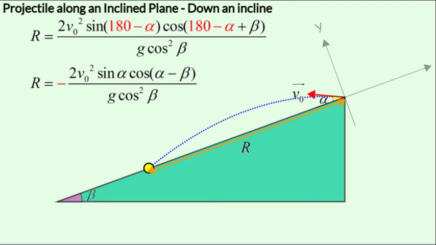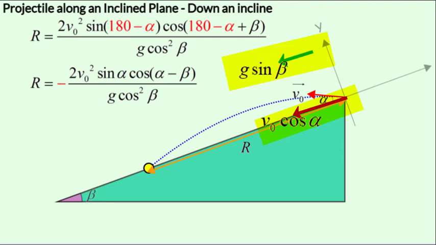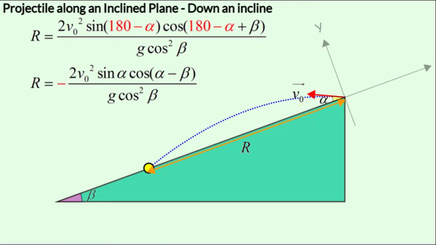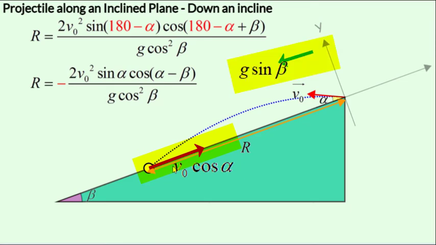The reason is this: when you launch down an incline, both the initial velocity along the x-axis and the acceleration component along the x-axis are in the same direction, so the displacement in the same time would increase. And when we launch it up an incline, the initial velocity component points up the incline, whereas the acceleration is in the opposite direction, which is down the incline.